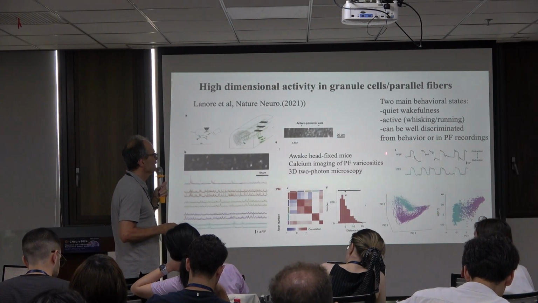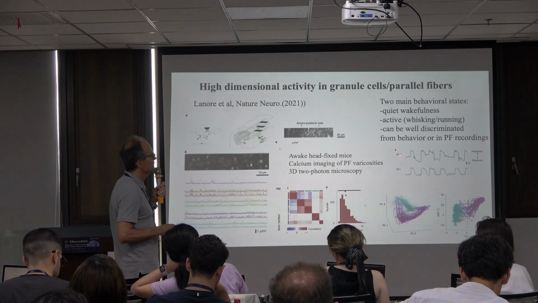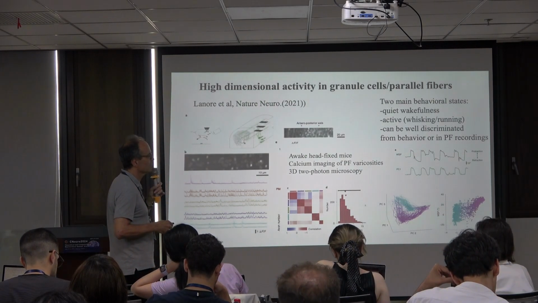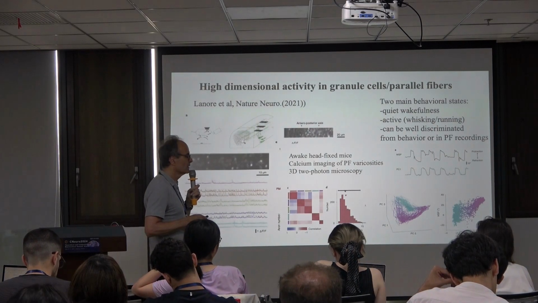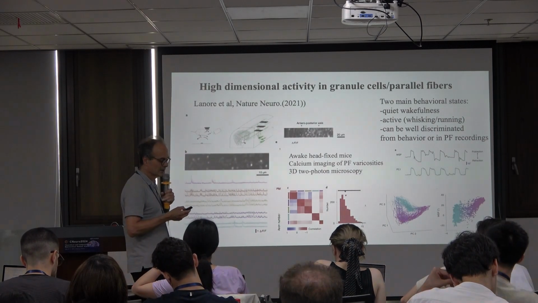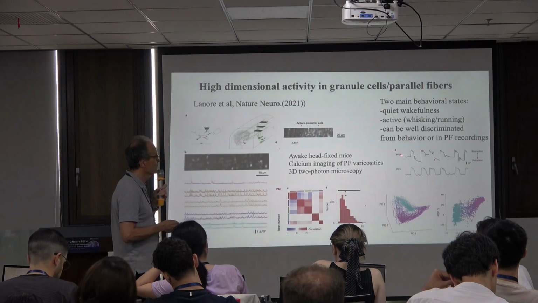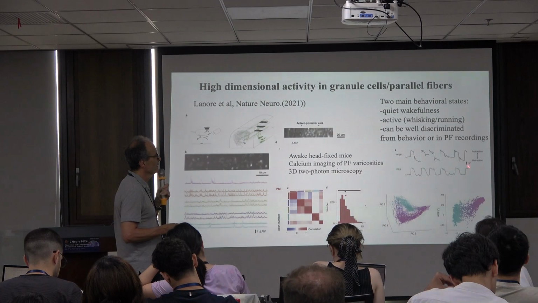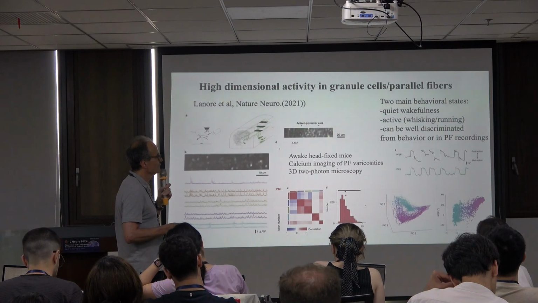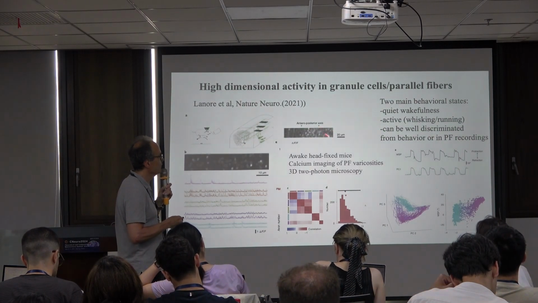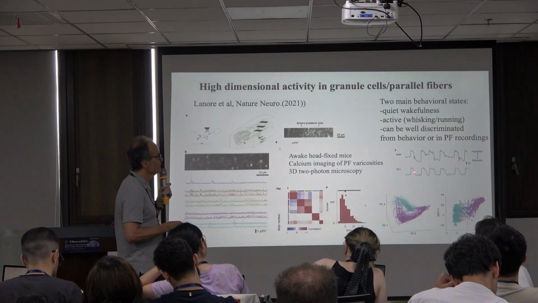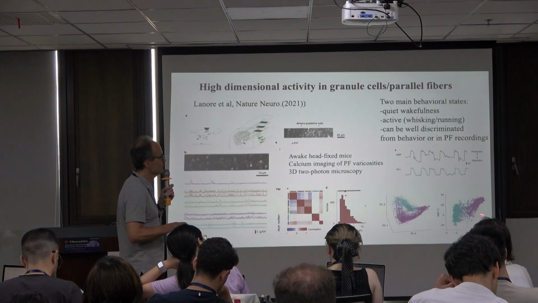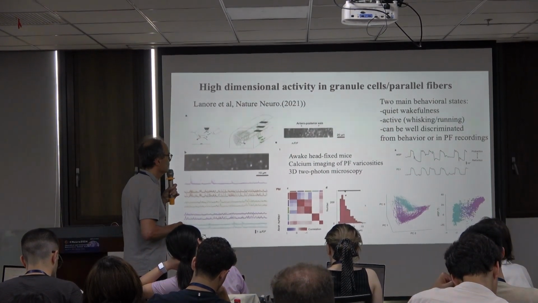So that's what you see here. Here it's a measure of what is called whisker set points. I think when mice are running, they put their whiskers forward. So if you have the mean whisker position, you can track this. And the first component of this activity in parallel fiber reflects this quite accurately, so you can discriminate these two states accurately.